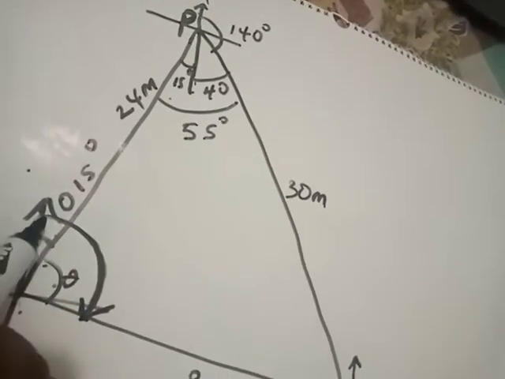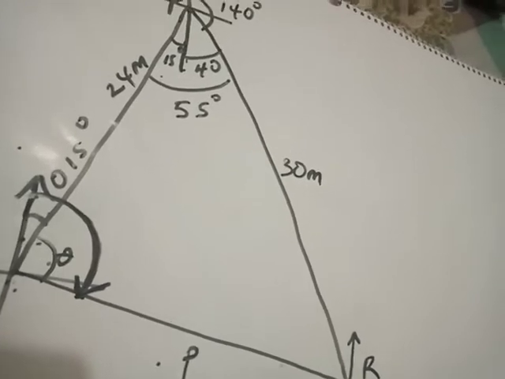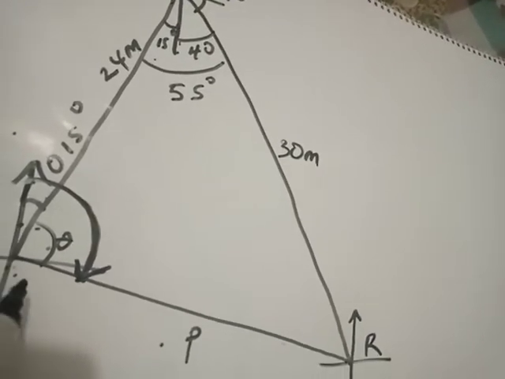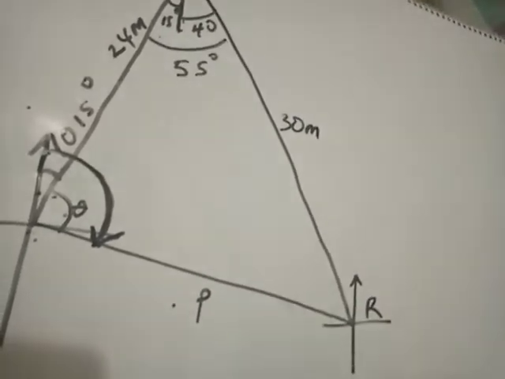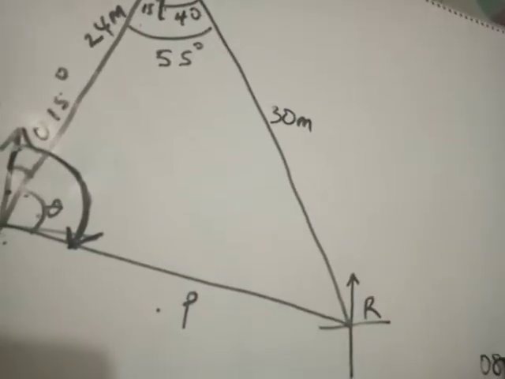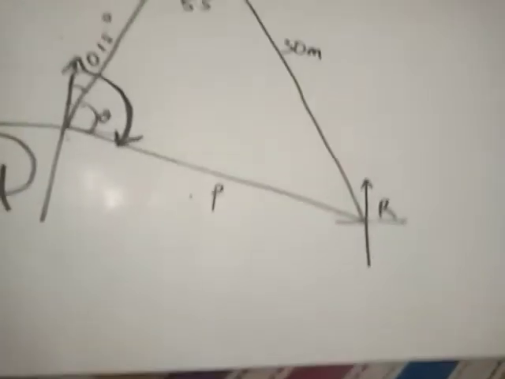When you add 15 to this, you get the angle. So the bearing of R from Q, I remember the answer, will give us 089.56 degrees.